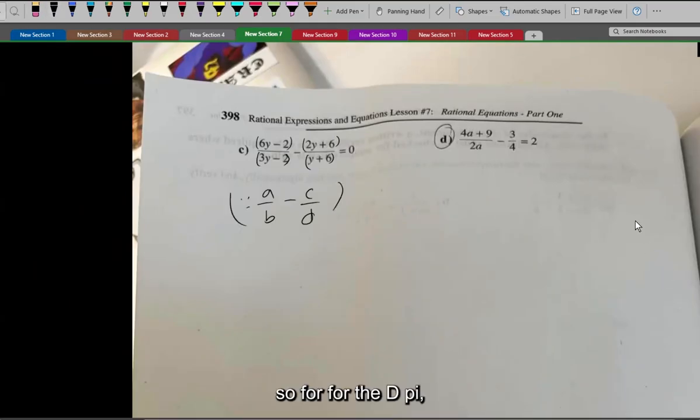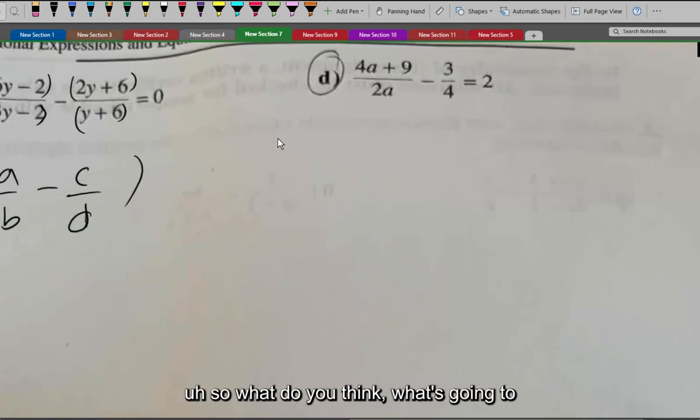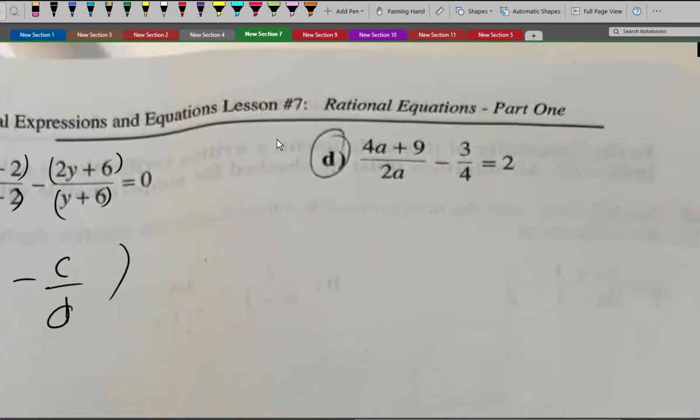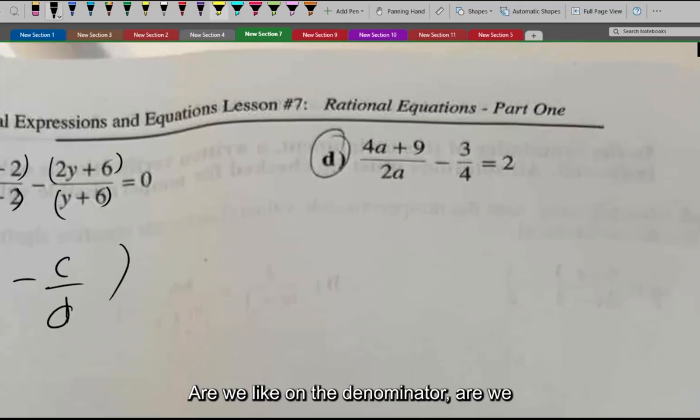Okay. So for the D part, what do you think? What's gonna be our approach? Are we, like, on the denominator, gonna put 2a and -4? Teja, first think of the variables and the constant things.